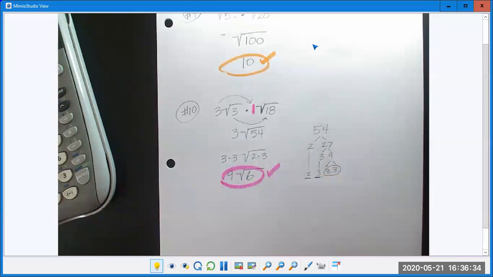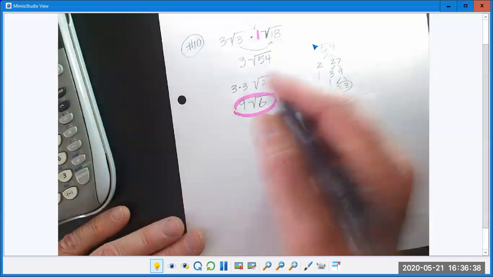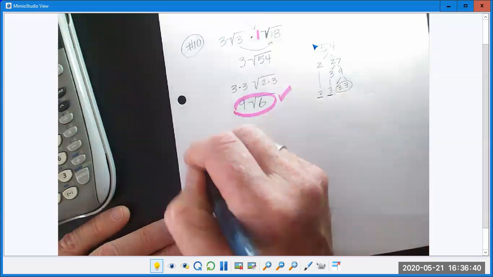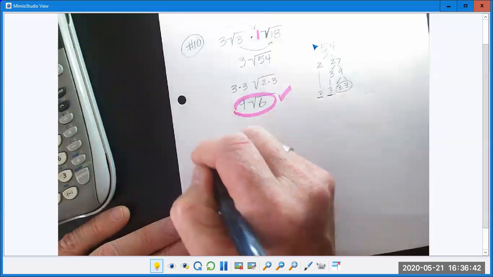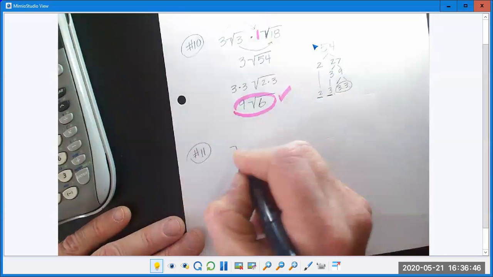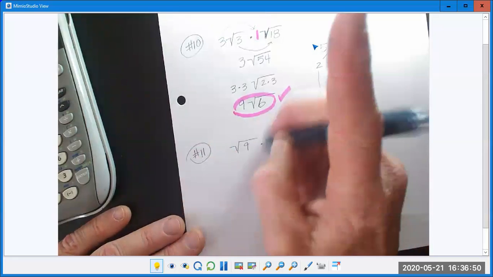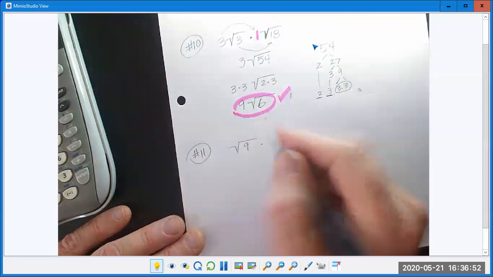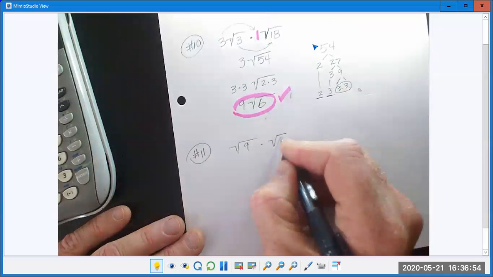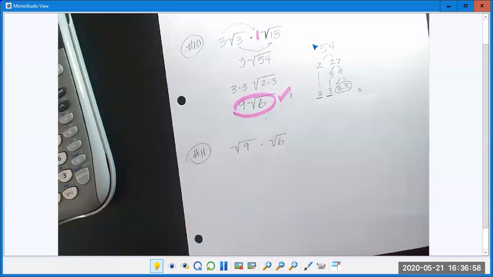Number 11. Oh, this is helpful. All right, let's take a look at this particular problem. And you all might be comfortable with what to do already. The previous problem gave me a little bit of a clue of what's going on.